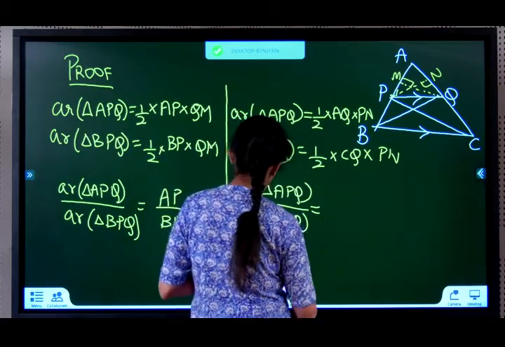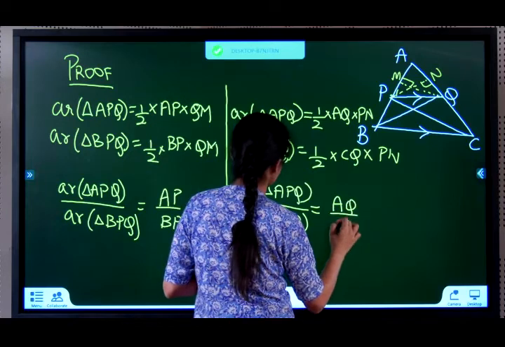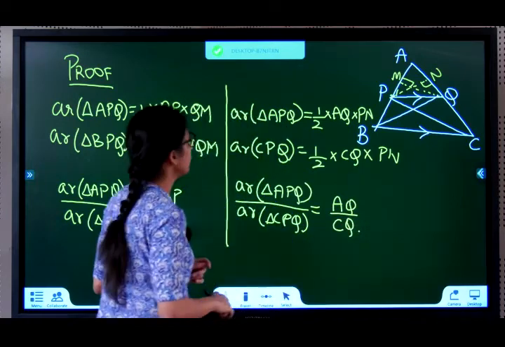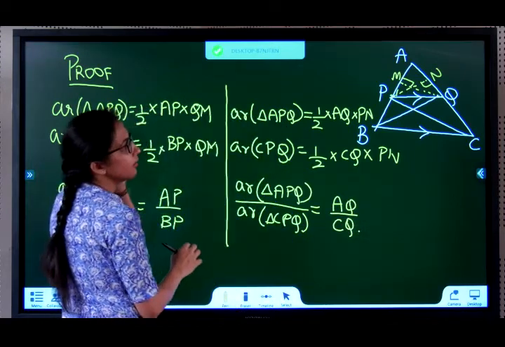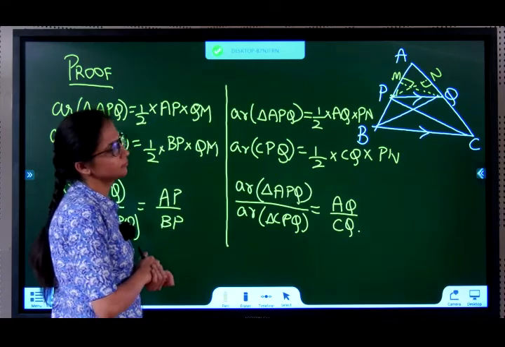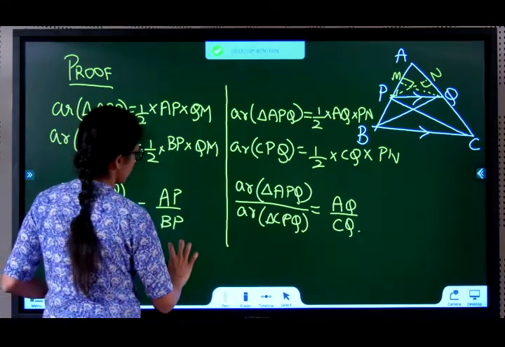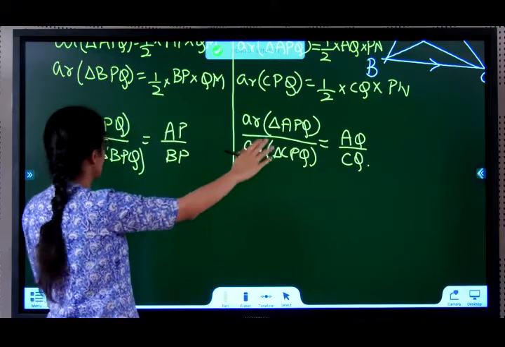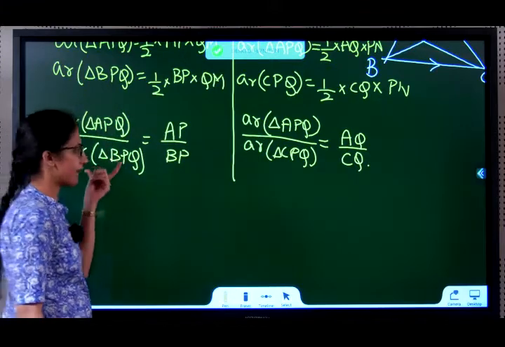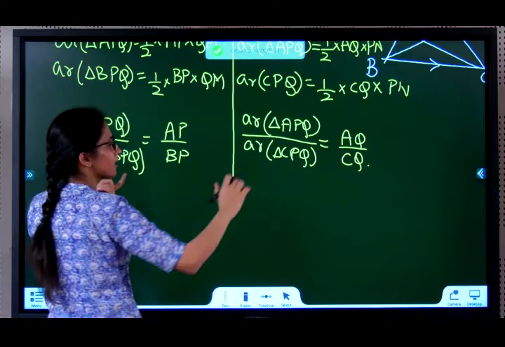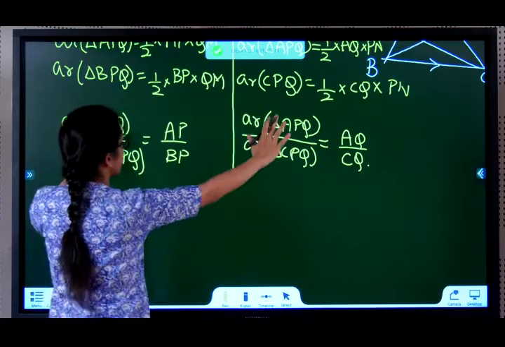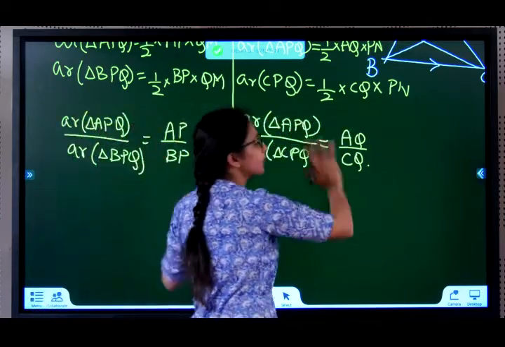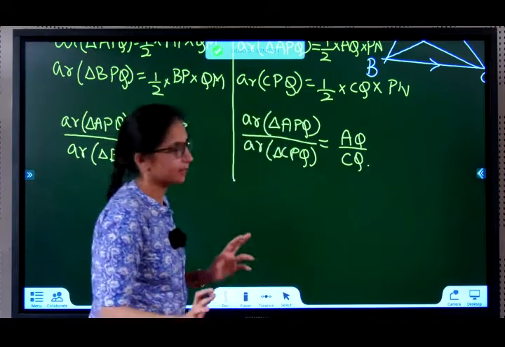I am left with AQ by CQ. Now, if I somehow say area of BPQ and area of CPQ are equal, these two become equal and our proof is done.